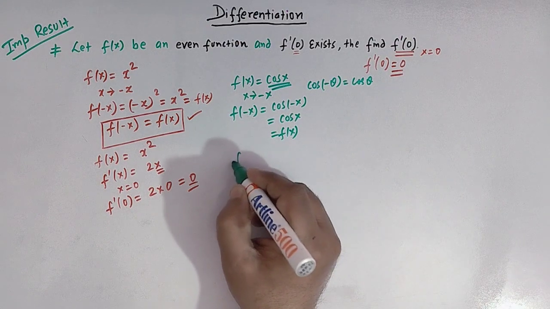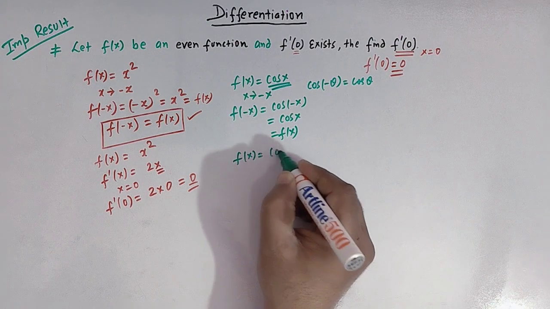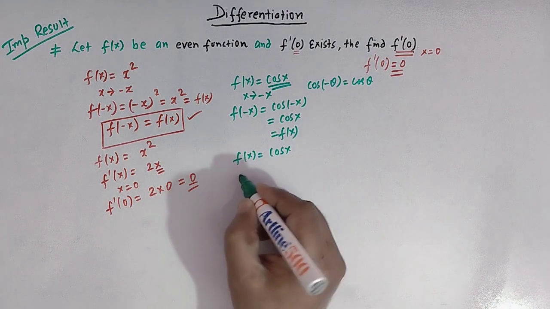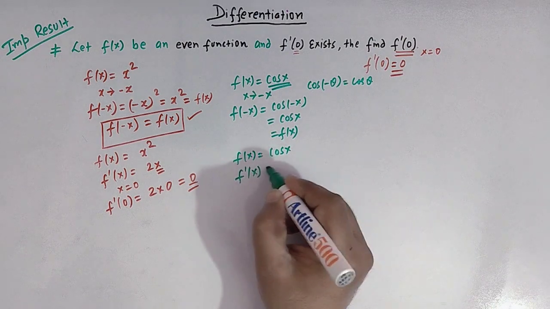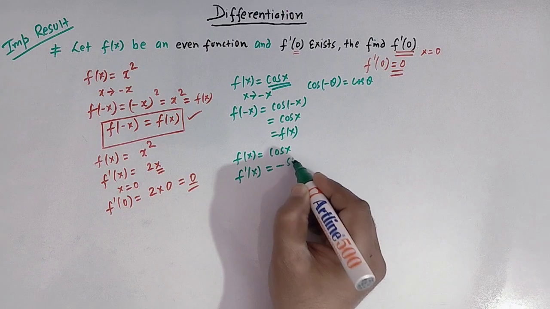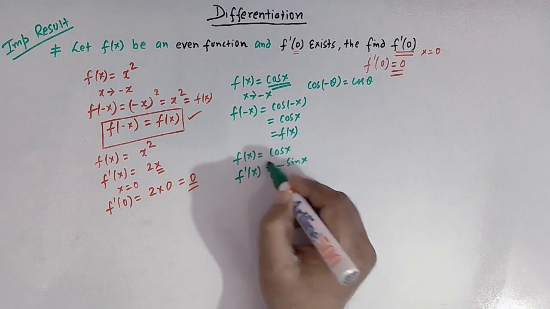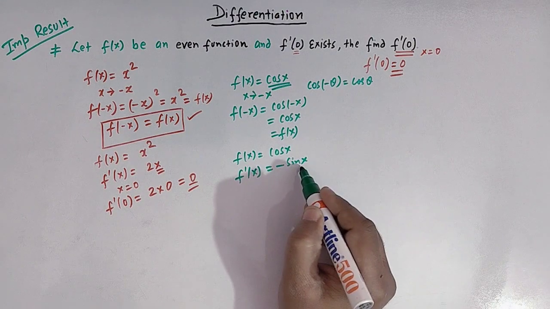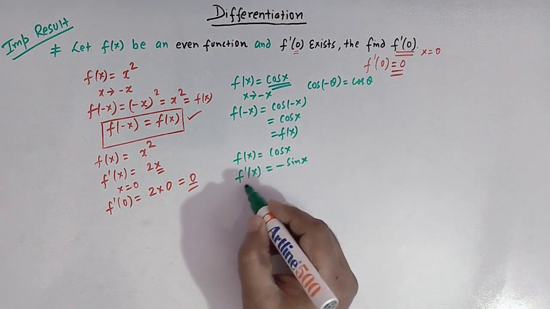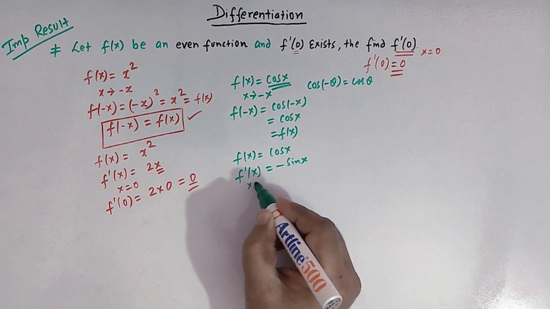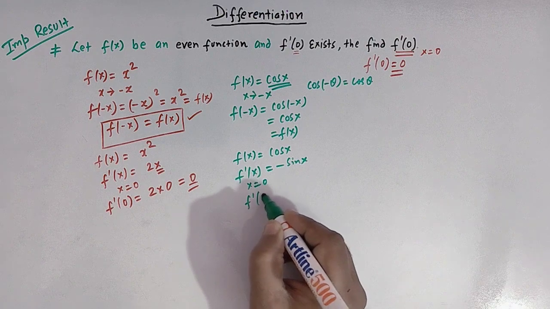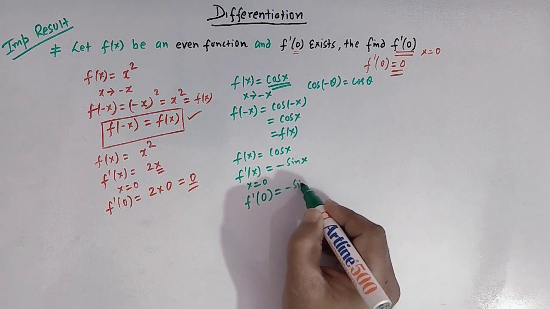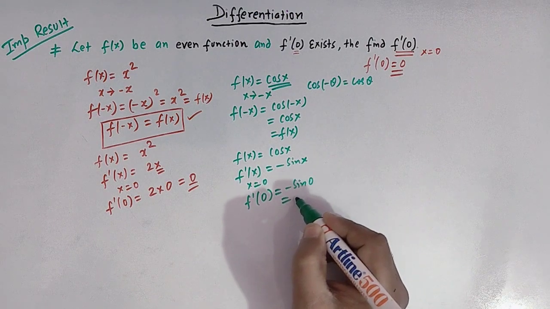So now let us differentiate f(x) is equal to cos x. So what will we get? f prime of x is equal to negative of sin x, because the derivative of cos x is minus sin x. Now let us take x is equal to 0 here. So what will we get? f prime of 0 is minus sine of 0, and sine of 0 is 0.